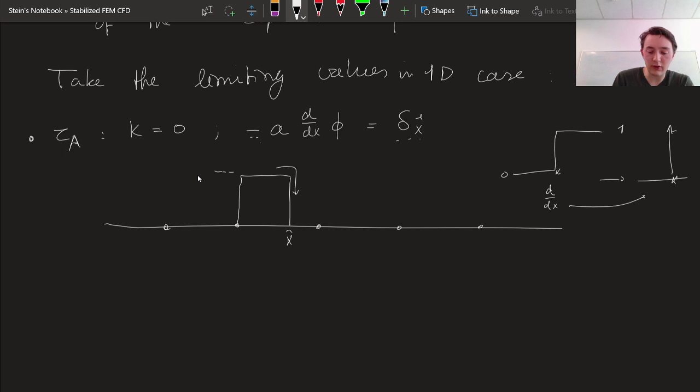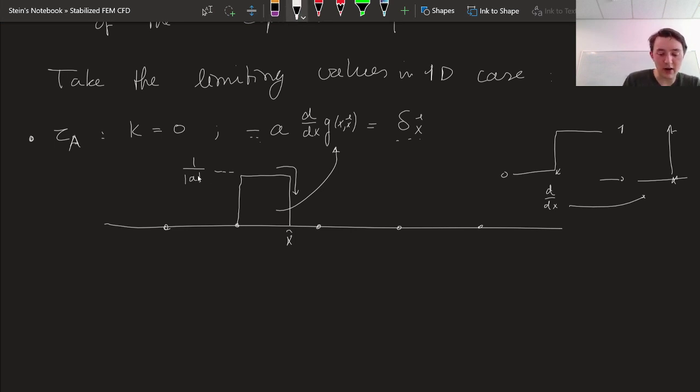We somehow need to normalize with respect to A, so the height of this is going to be 1 divided by A. So if I take this function and substitute that in place of phi, so maybe I should simply be saying g here, then we find that this is going to be equal to the delta at x hat.